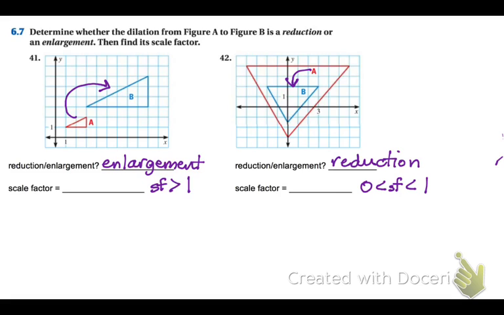So how do we find the scale factor? The easiest thing to do is to pick a convenient side on both of the figures, the two corresponding sides. We don't want to pick that diagonal side, because then we'd have to use the distance formula, and that's a pain.